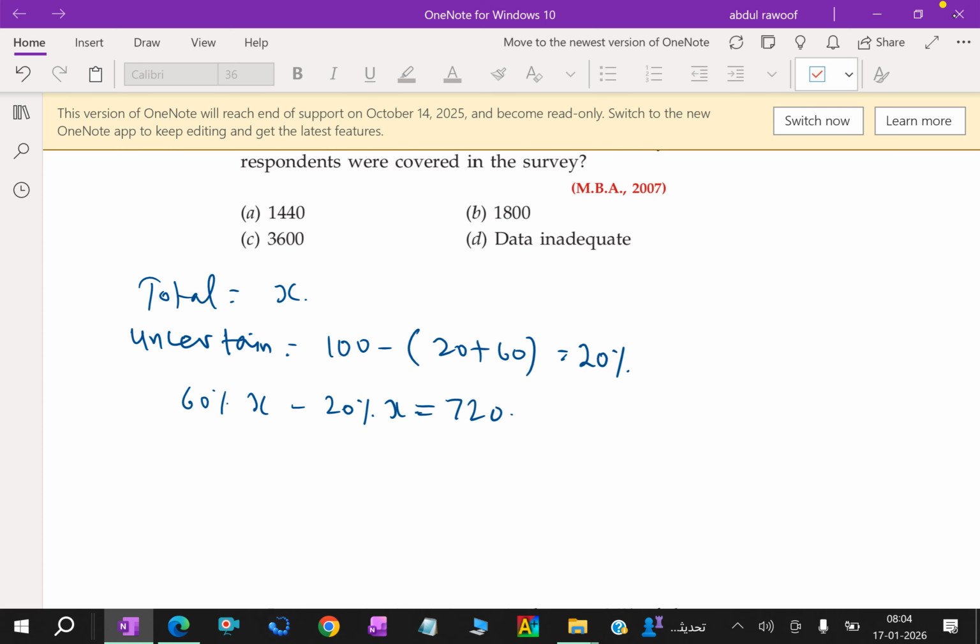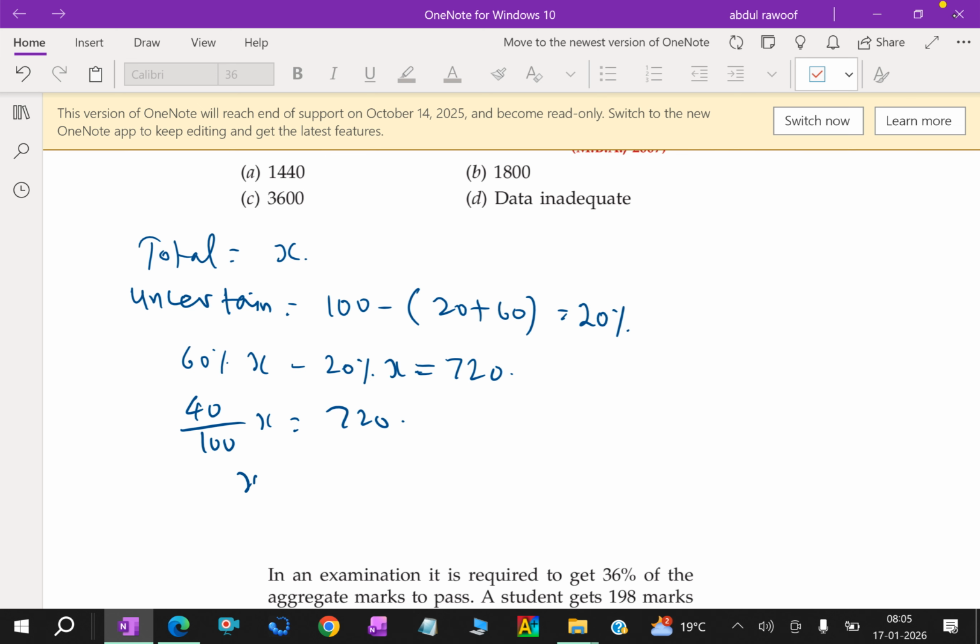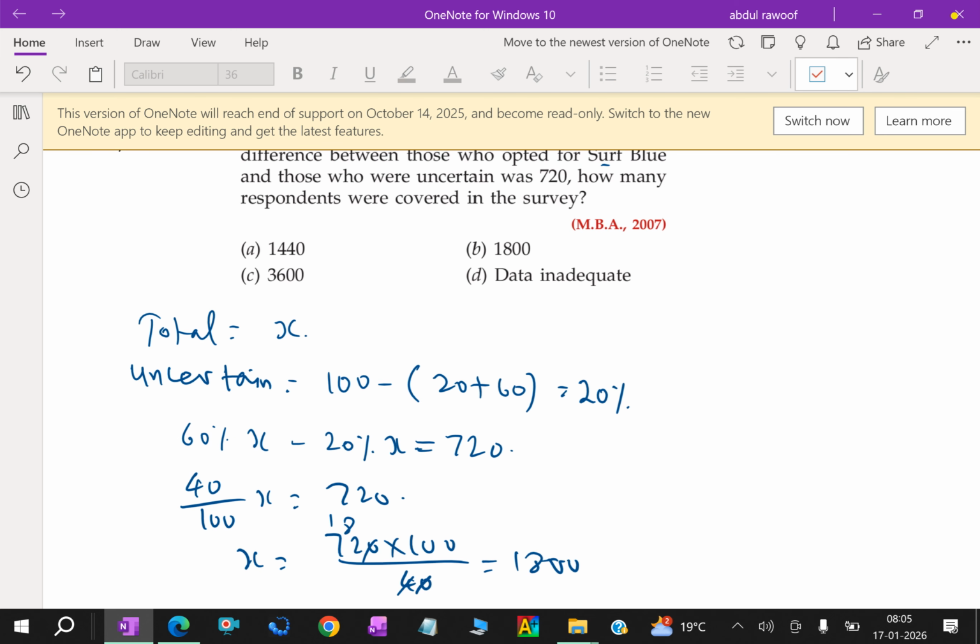Look at here, 60 minus 20 is 40%. 40 by 100 x equal to 720, then x equal 720 into 100 by 40, which is 1800. Option B.